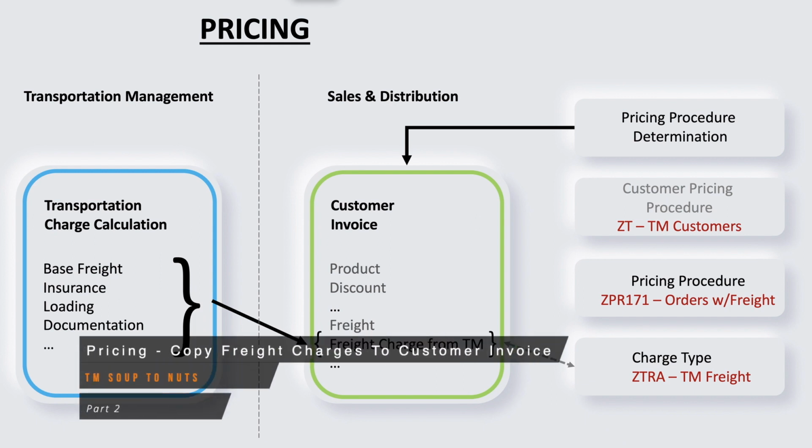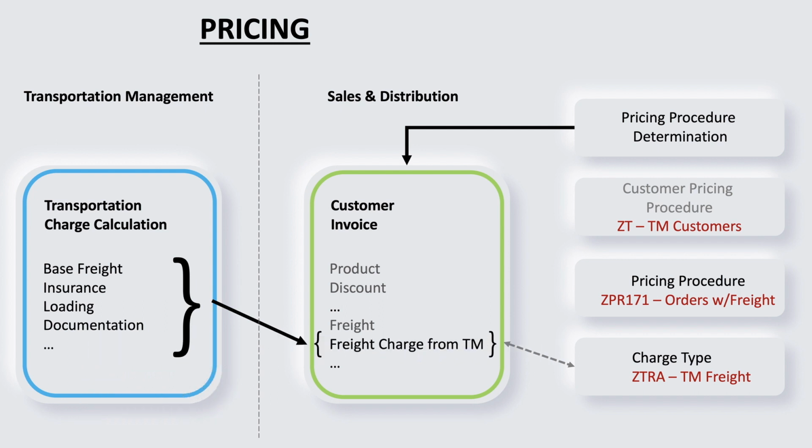Now, before we go on, and because the first process that we are going to be looking at is the outbound transportation process, i.e. a process that is linked to requirements emanating from your sales orders, there is one aspect that we also need to look at, which is that of pricing.